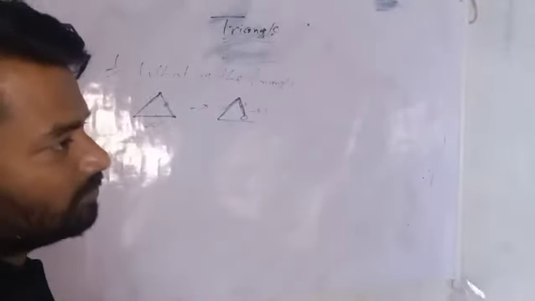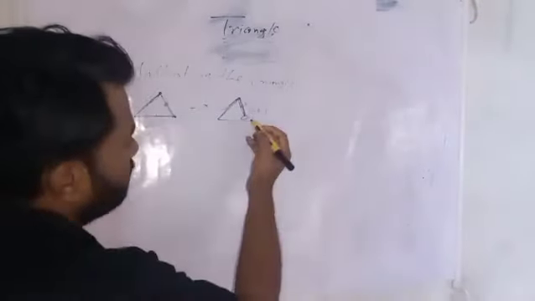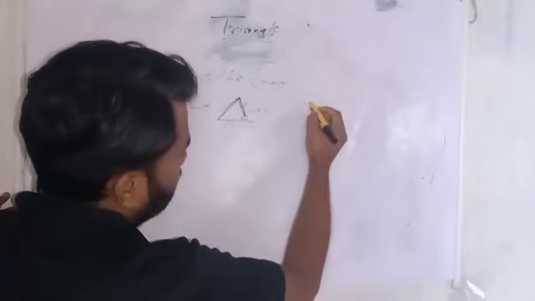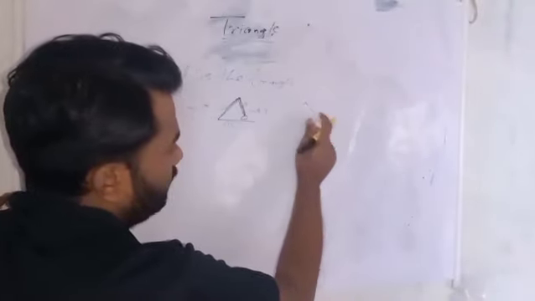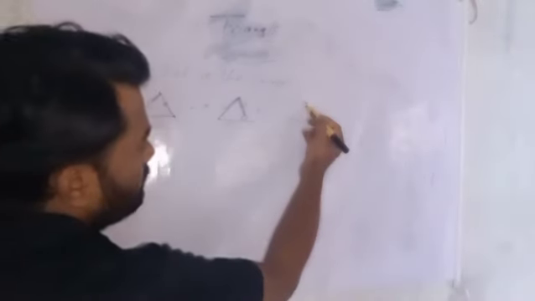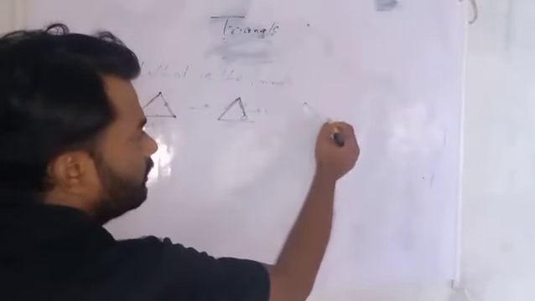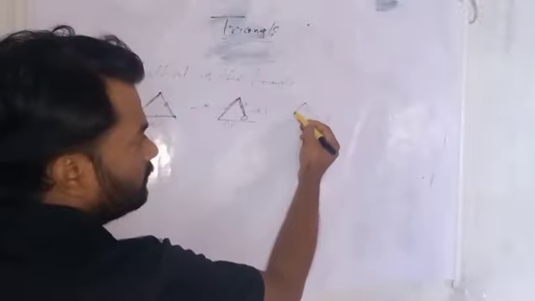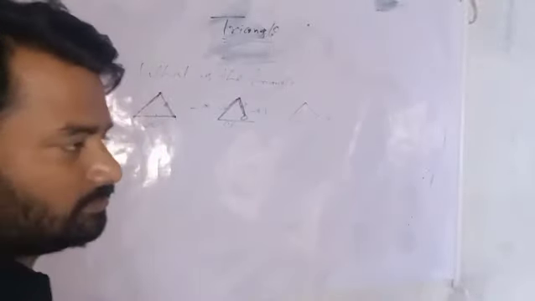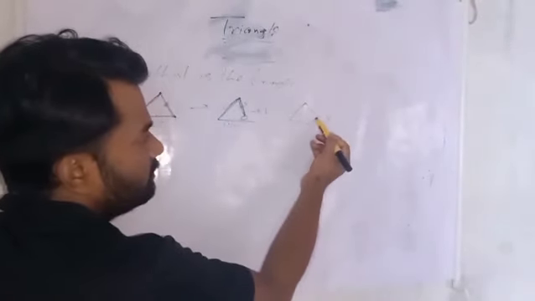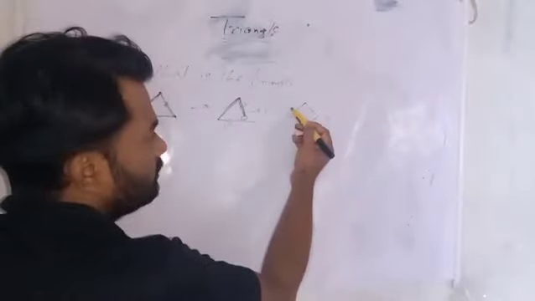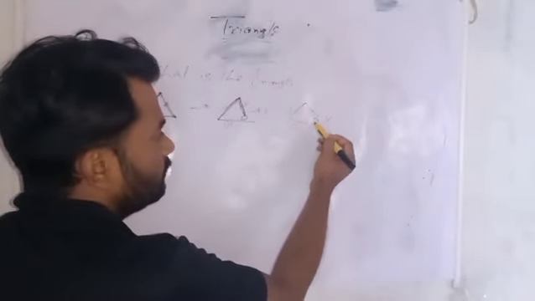Next, I can give you this figure. Is this a triangle? No. This is not a triangle because, as I have already said, a triangle has three sides, but here there are four sides. You can see side number 1, 2, 3, 4.